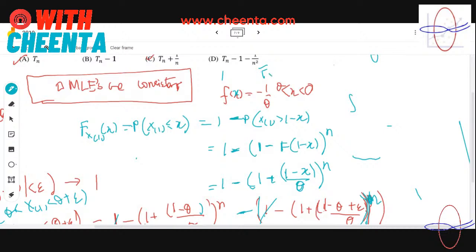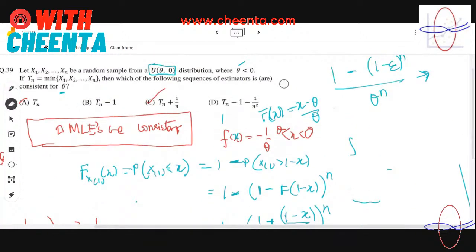Oh, f of x should be x minus theta by theta. If you put theta over here, it's 0. If you put 0 over here, it's theta minus x, it should be. That is 1 minus theta minus x. That is 1 minus x by theta.